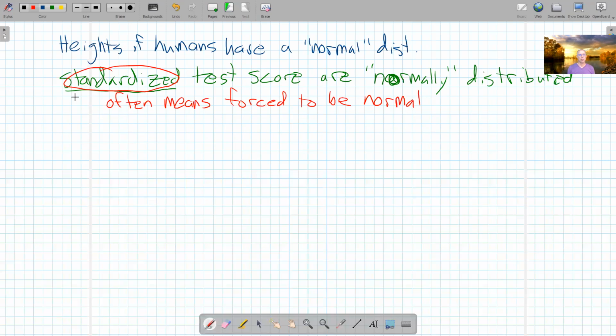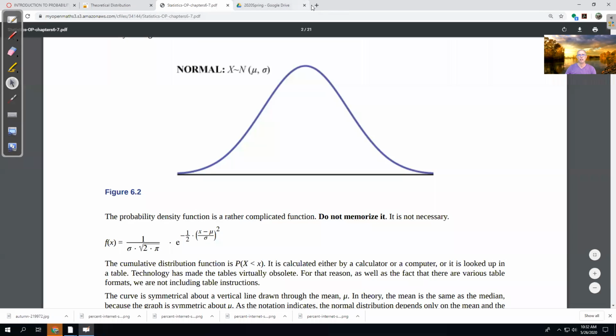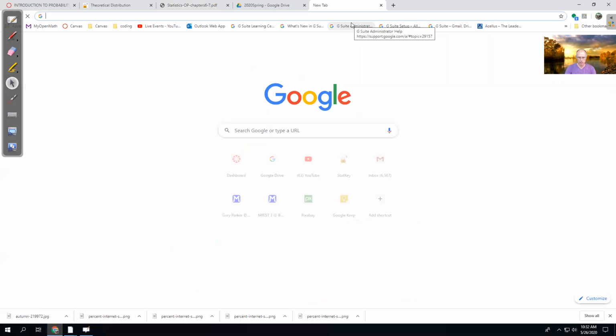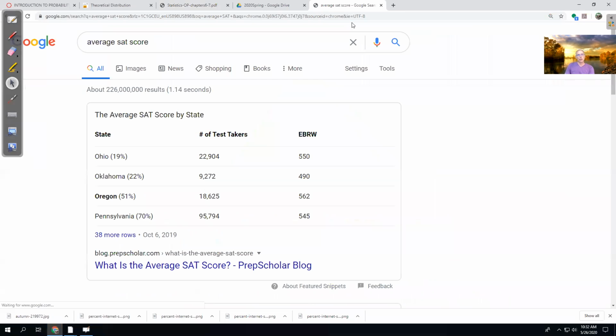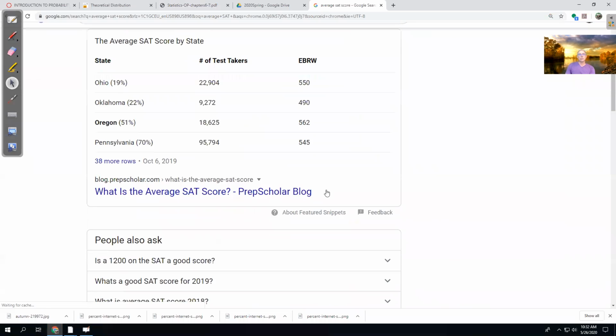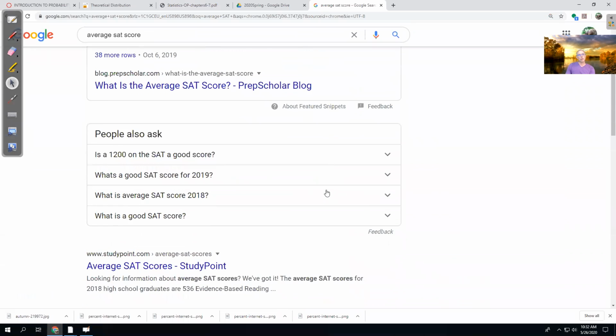So anyway, I'm going to do a standardized test example, and I'm going to use SAT. Oh gosh, I forgot the numbers now. I think the mean is either around 800 or 1,000. Anybody remember what average SAT score is? 1,200 is good.